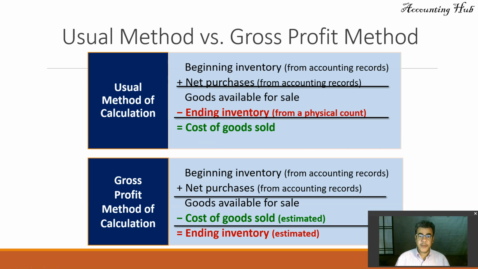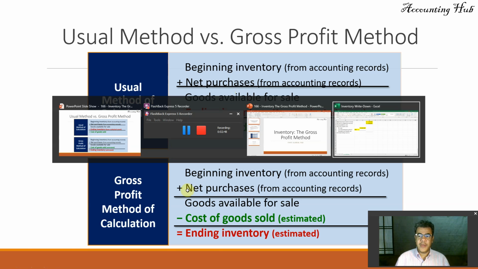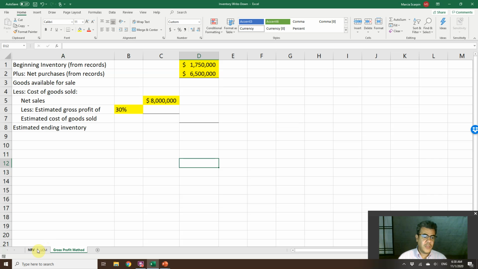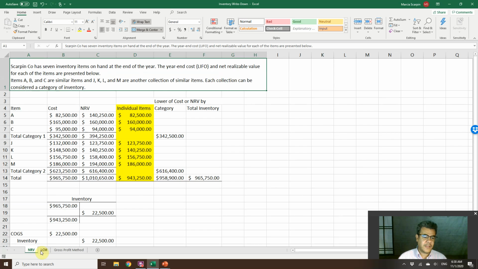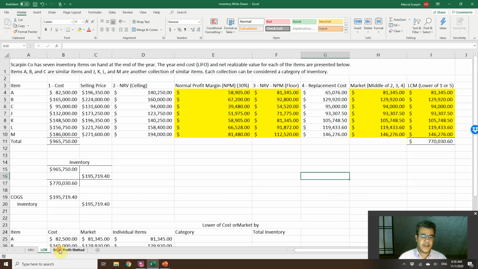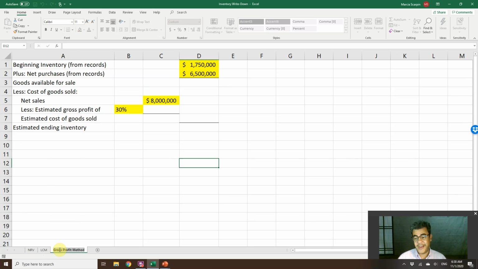How does it work? Let's go to our Excel file with the other inventory write-down methods, NRV, LCM, and so on. So we have a lot of nice stuff here. Beginning inventory from our record from the previous balance, 1,750,000. Net purchases, 6.5 million. Goods available for sale, the sum of both, 8 million and 1/4.